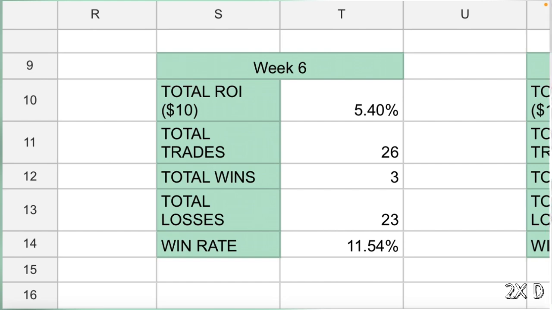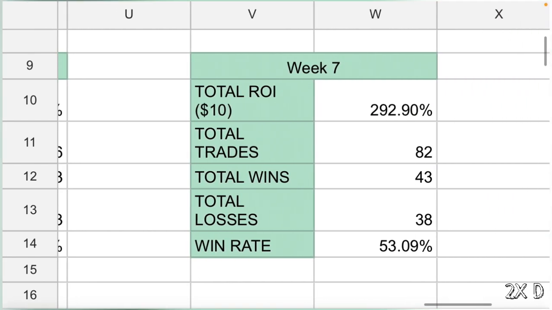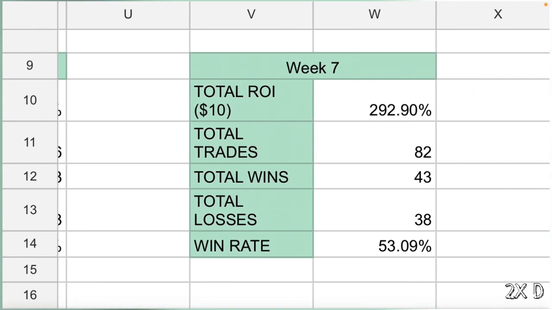I didn't profit, I didn't lose. 5% of $10 is basically 50 cents, so my account is basically at $30.50. Cool. Then we carry on to week 7, where I had a total return of 292%.